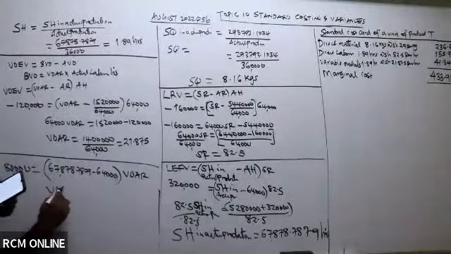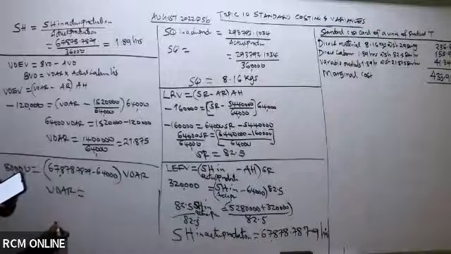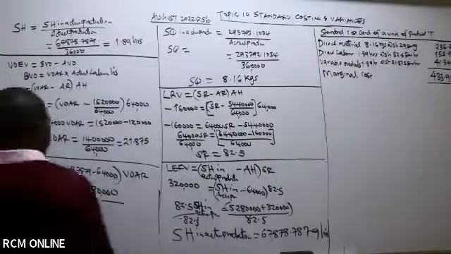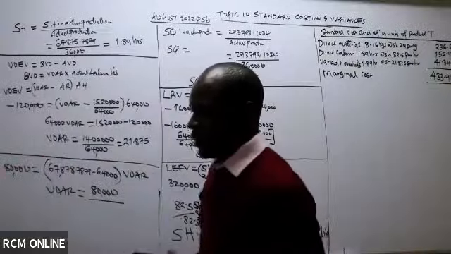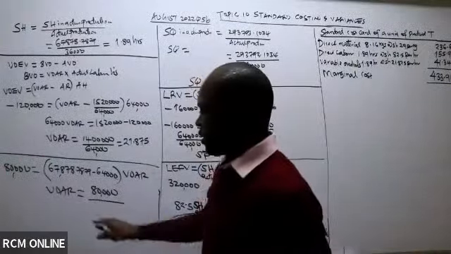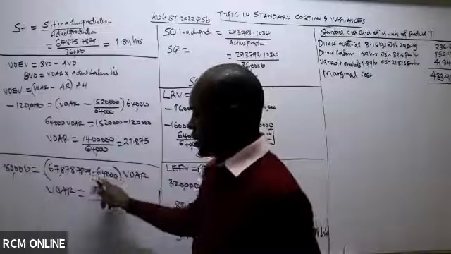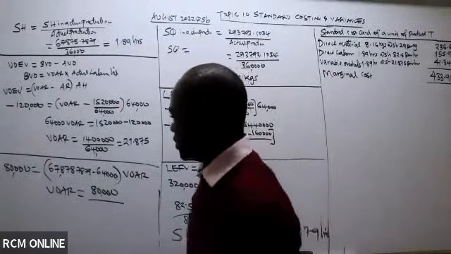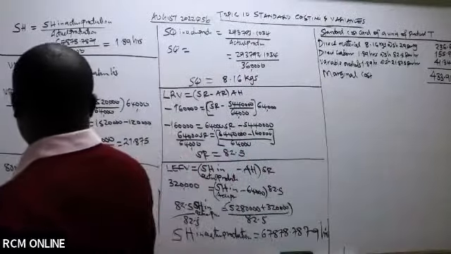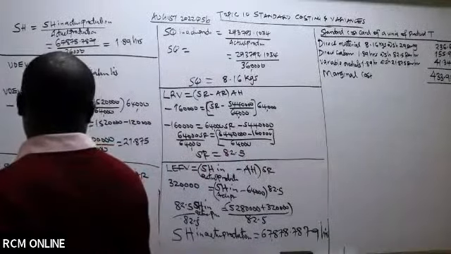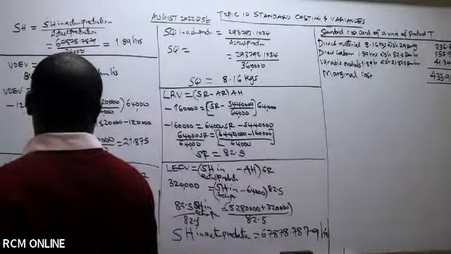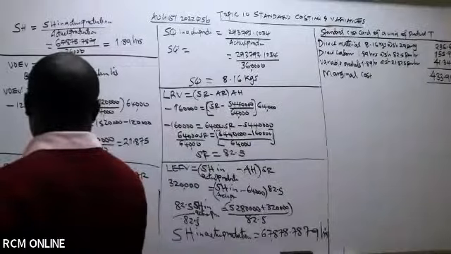So variable overhead absorption rate is equal to 80,000 divided by what you are putting. 64 minus 67. That will be 3.78.7879.